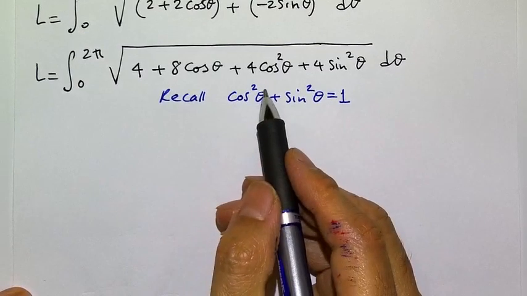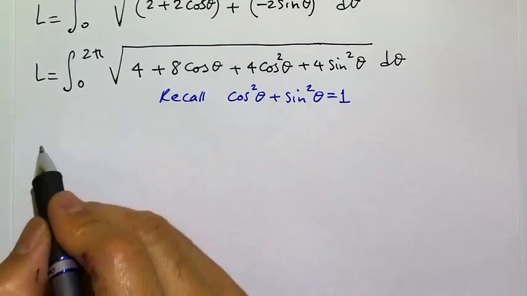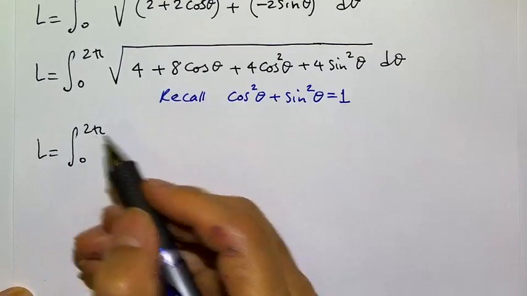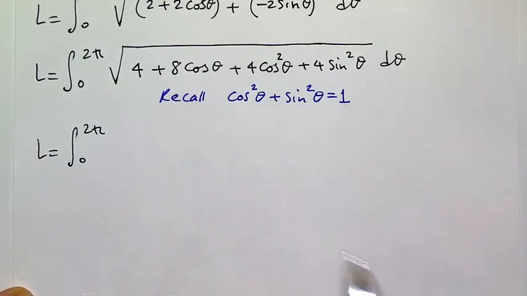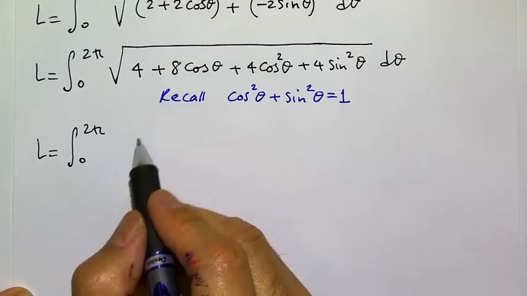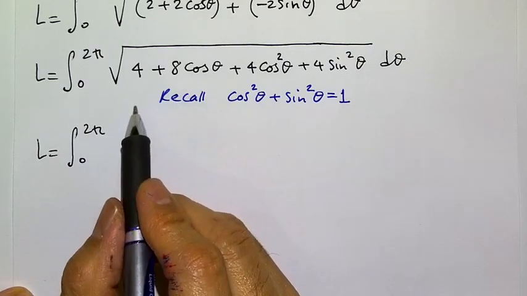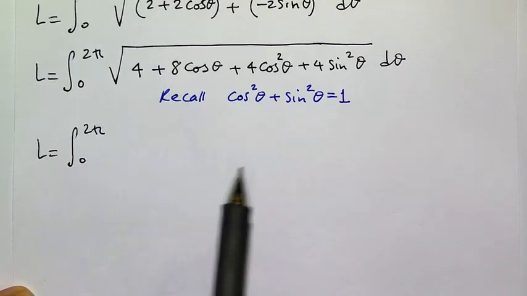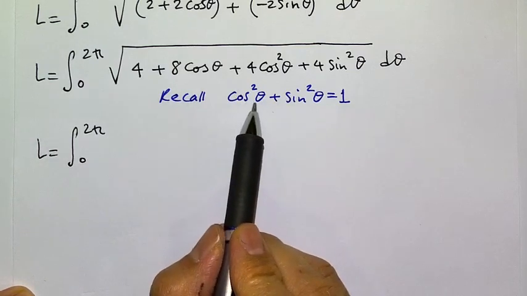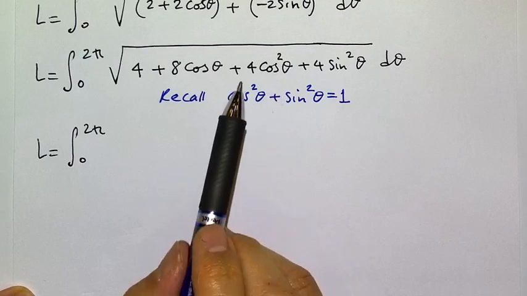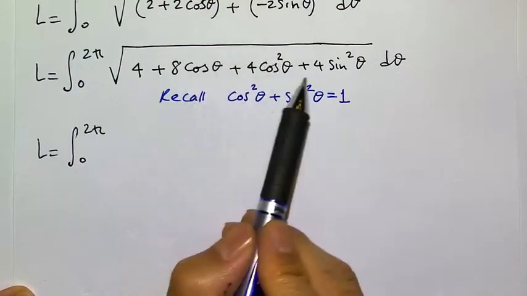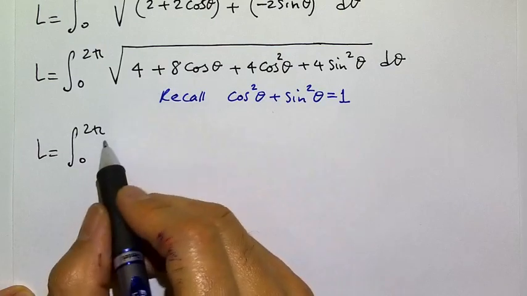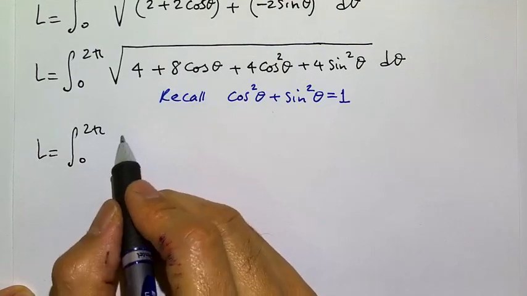All right. So then let's rewrite this. We have integral from 0 to 2 pi, and we have the 4, well, we still have to, so let's see. So this would be 4 plus 4, which would be 8. Well, let me include it.